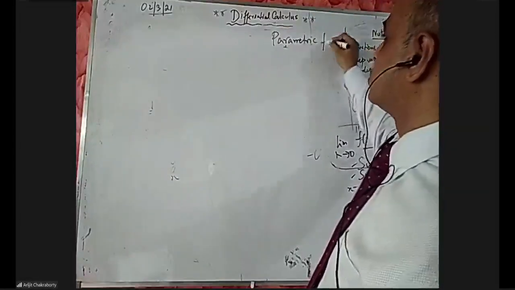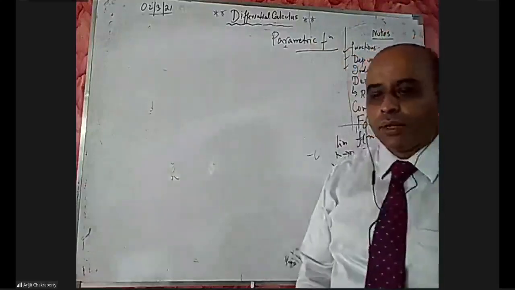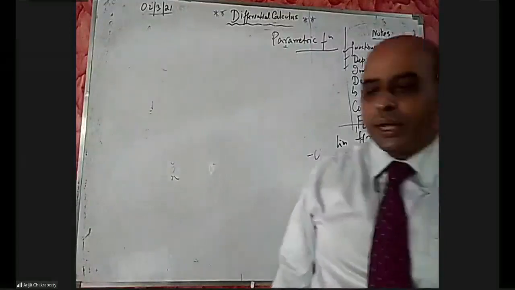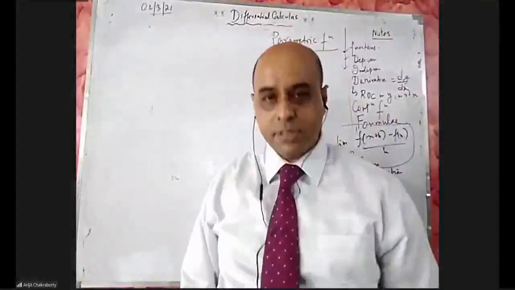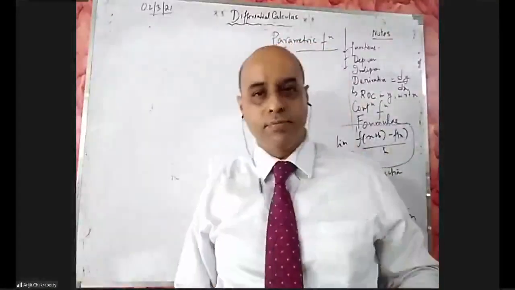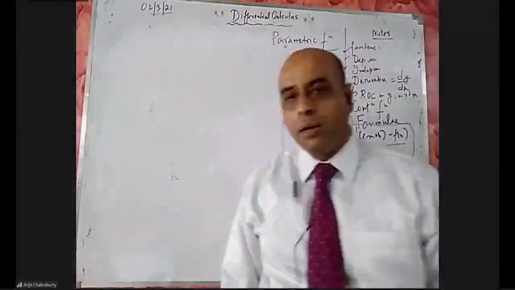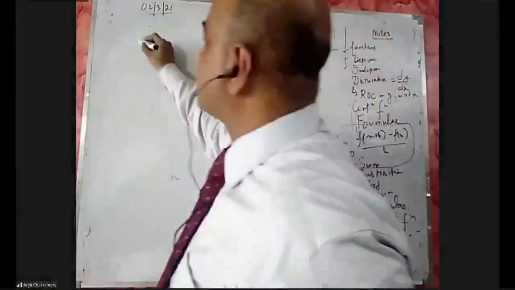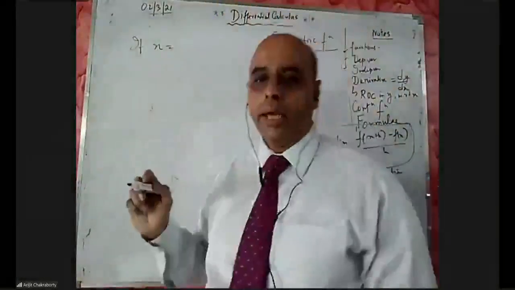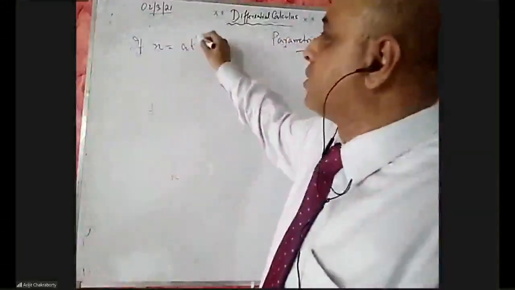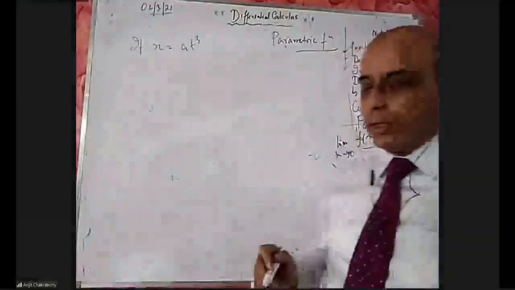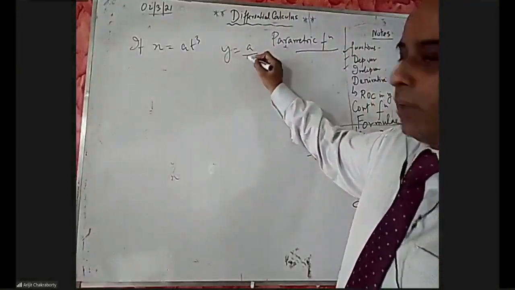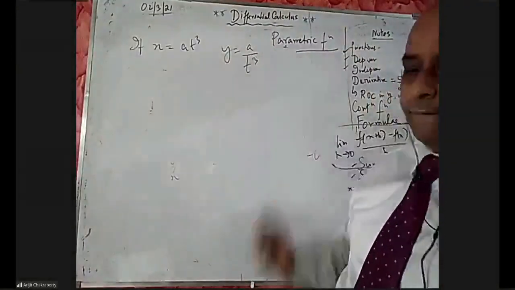Parametric functions. Okay. Now, in case of parametric functions, if you have x and y which are expressed in terms of a third variable, it is called a parametric function. The third variable you can call a parameter. Now, say if x is equal to a t to the power 3, and y is equal to a divided by t to the power 3.